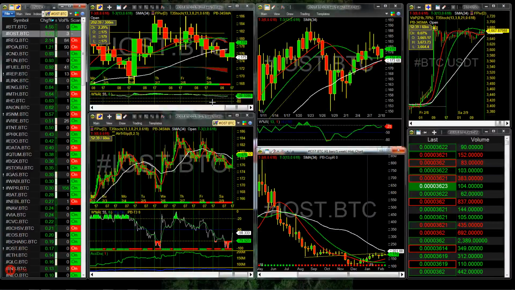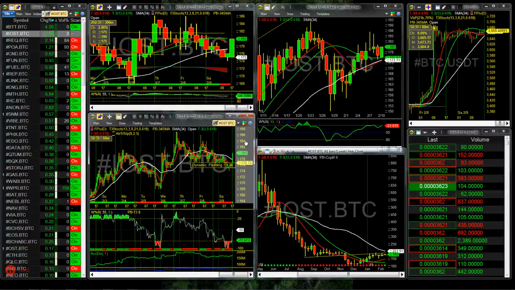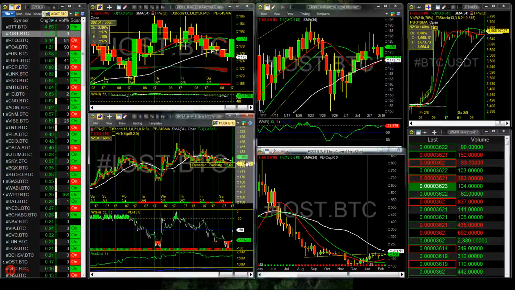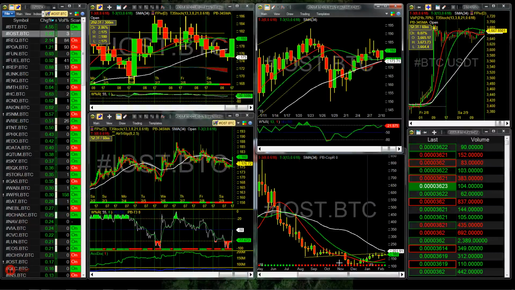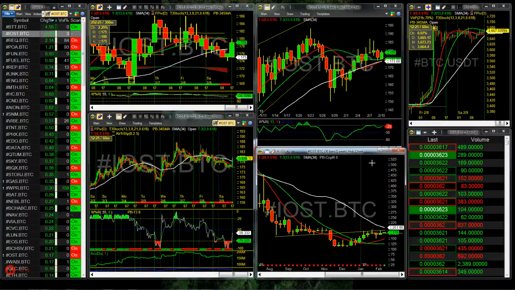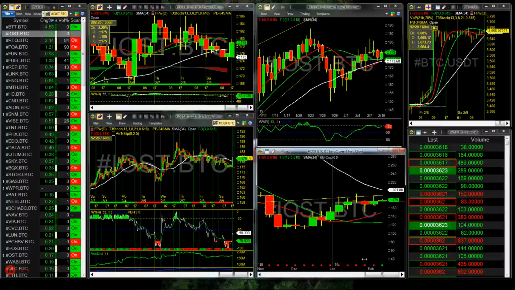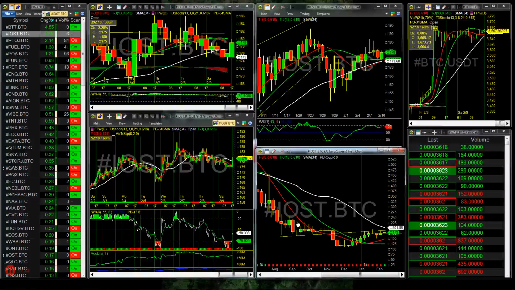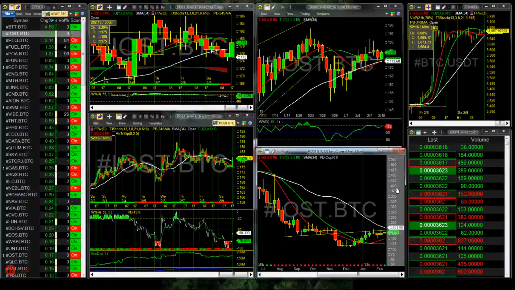IOST. For a trend line cross on the weekly chart there. Nice balance line, previous lows, previous highs.